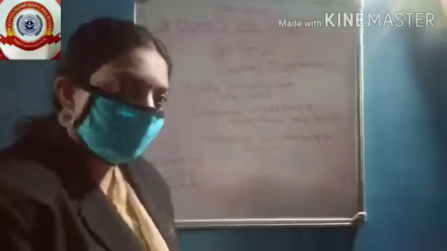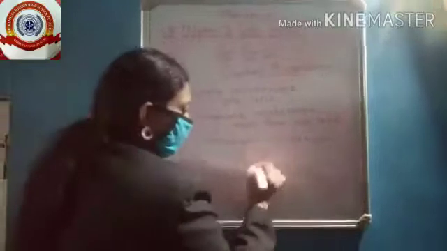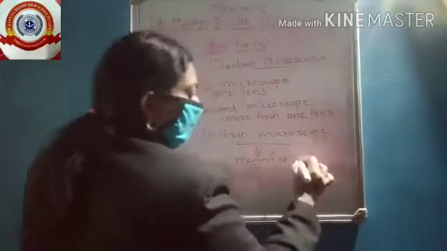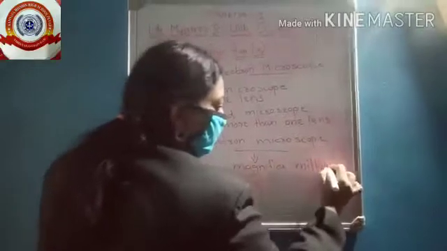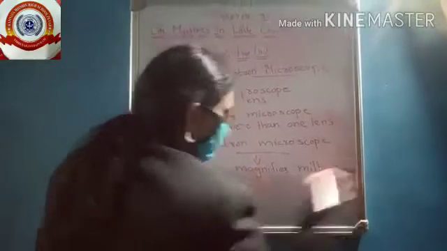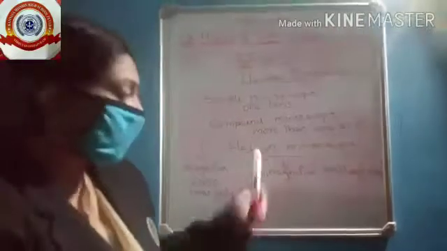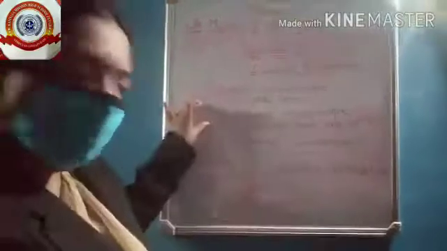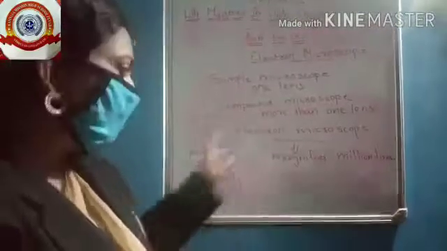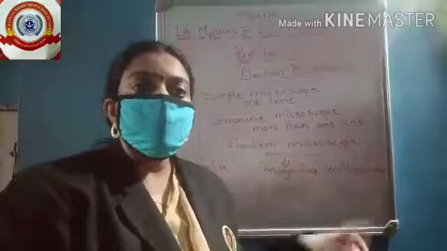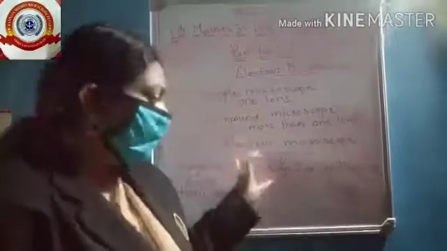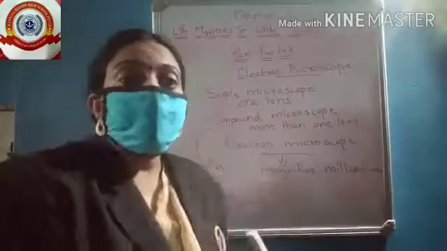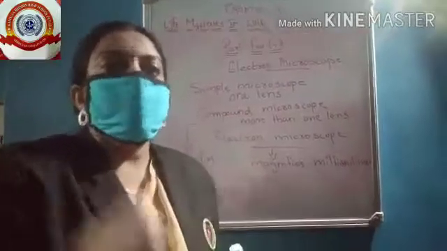Do you know how many times an electron microscope magnifies an image? Let's look. The electron microscope magnifies the object a million times. Thus we got a clear and thorough knowledge about the cell and the cell organelles.